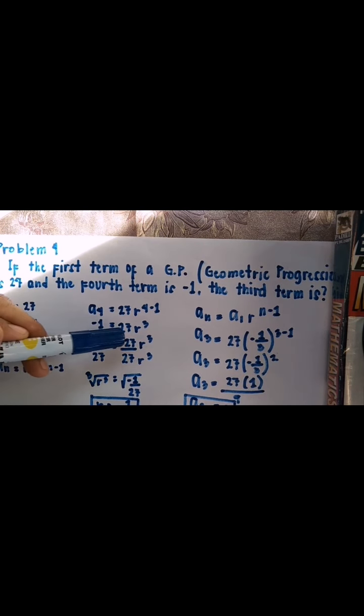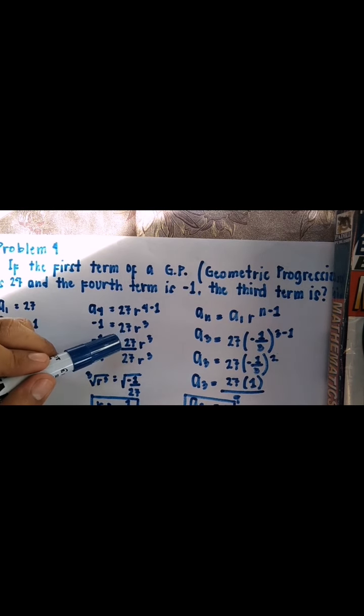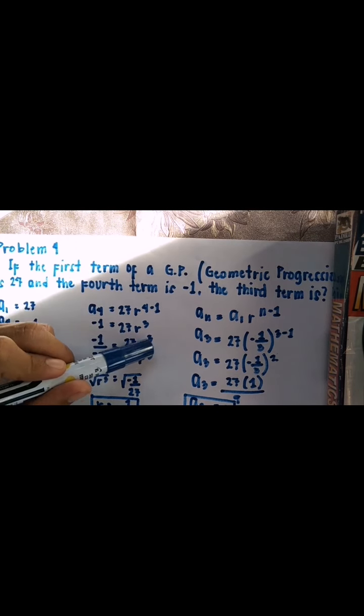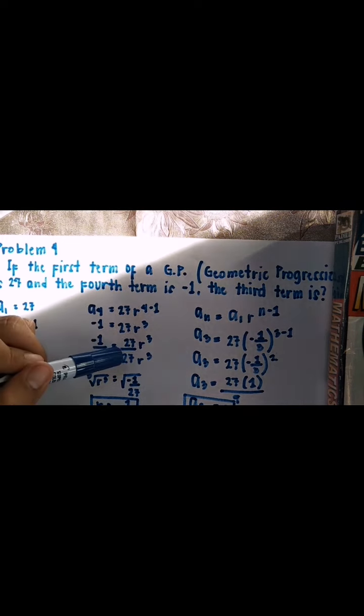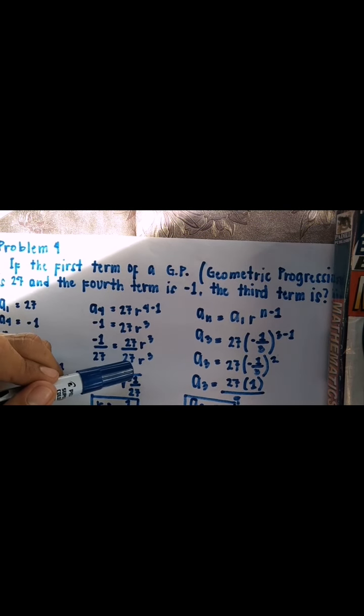After that, we divide by 27. So negative 1 over 27 is equal to the common ratio to the power of 3.